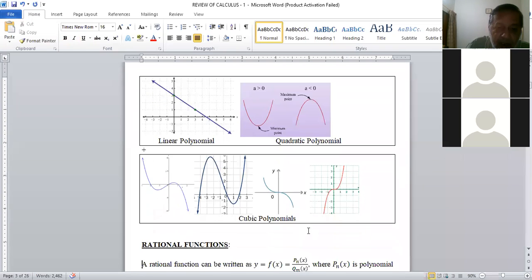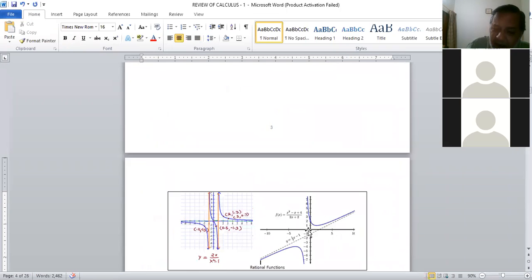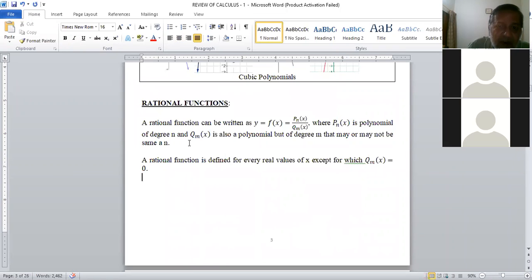So then polynomial function से बनने वाला एक another algebraic function that we call rational function, which is made from the ratio of two polynomials, an nth degree polynomial divided by an mth degree polynomial. Of course, this rational function will be defined only for those values of x for which the polynomial in the denominator is not zero.